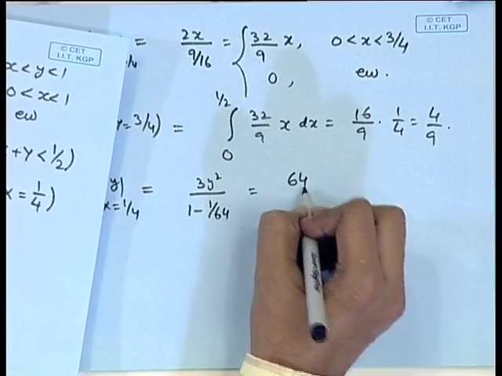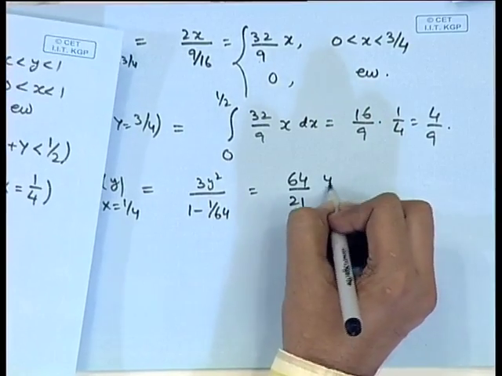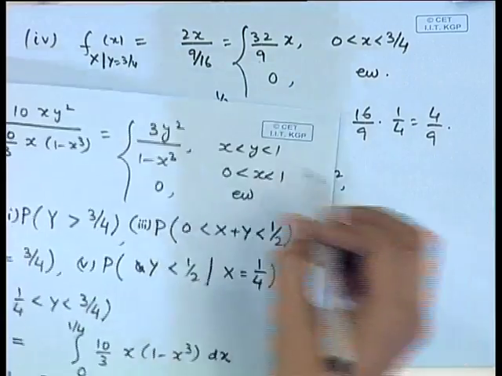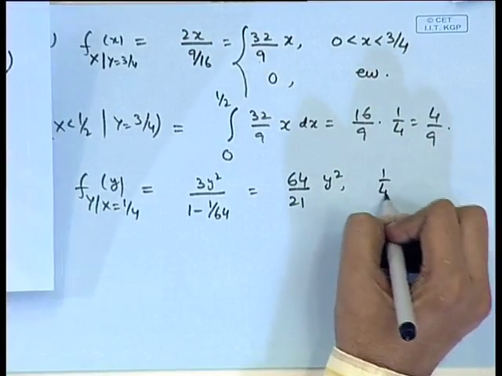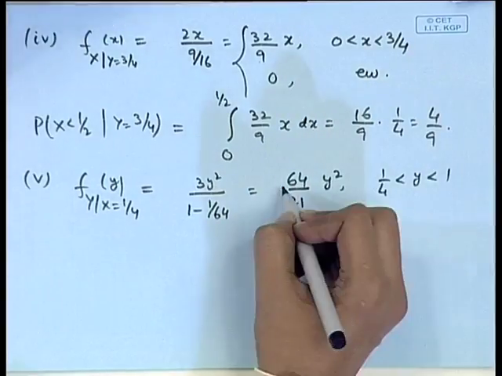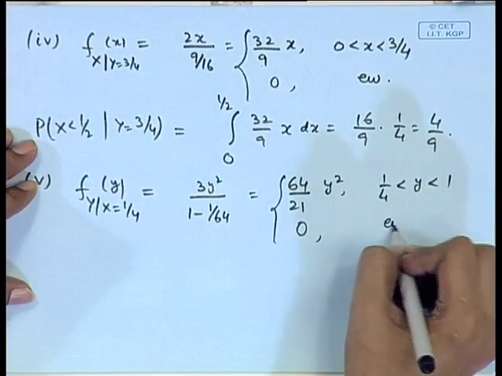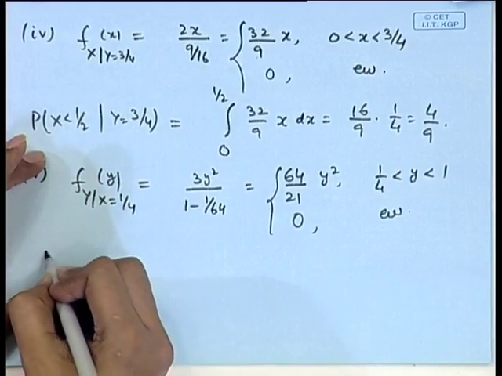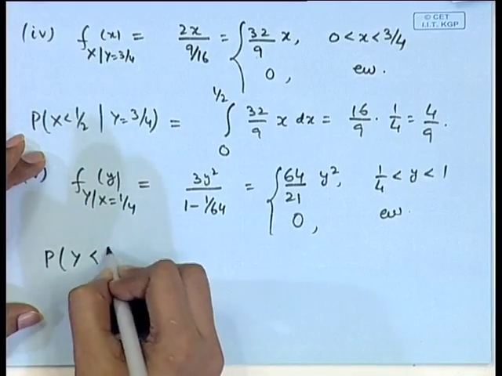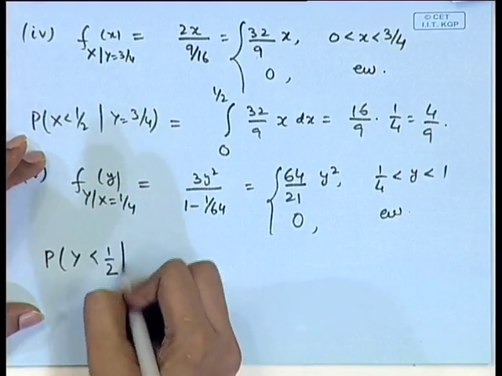So, that is 64 by 21 y square, where the range of y is from x to 1. So, it will be from 1 by 4 to 1 and 0 elsewhere.